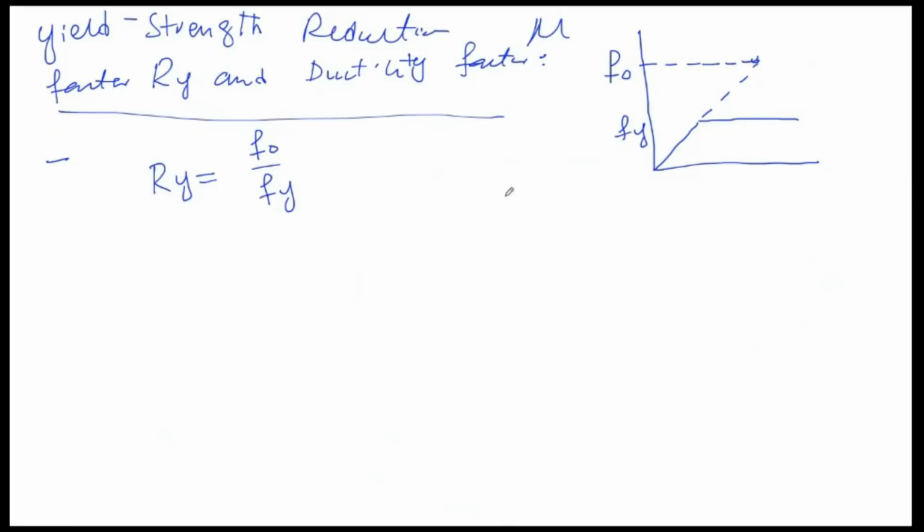So the ratio of F naught, which is the minimum yield strength required for the system to behave elastically, and Fy, which is basically the yield strength, is Ry. So Ry basically defines this, which is the yield strength reduction factor.